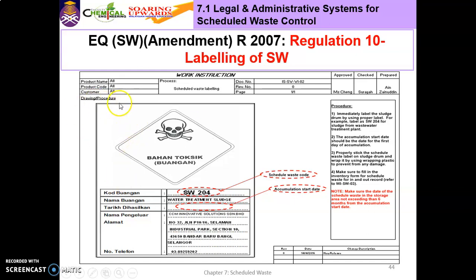You should paste this label on the container. The code must be printed on the label, and then the name of the waste, the date it was created, the name of the generator, their address, and also telephone number. All of this must be put on the labeling.